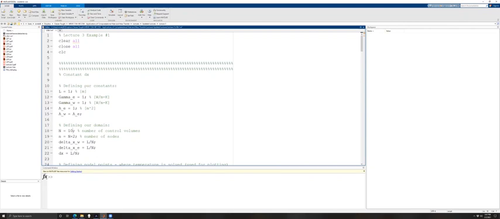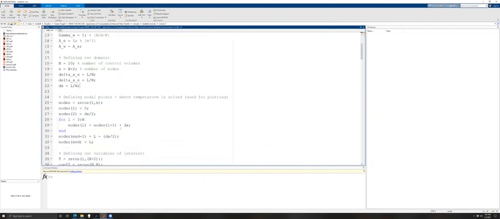In a situation where we have a constant dx, our delta x west and delta x east are the same as dx, the width of our control volume, which is simply L divided by N. So that defines our domain. Now, what I did here is amend lecture 2's code so we can define our nodal points.